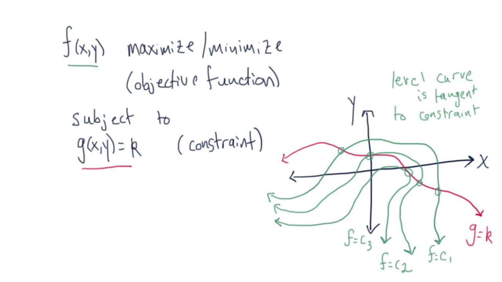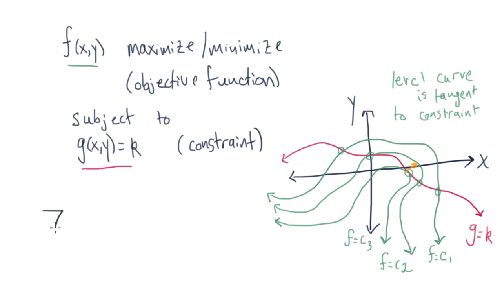And we actually have another way to write that. So if we look at the gradient vector of, first of all, the level curve and then second of all of the constraint, they're going to be pointing in the same direction. So where does this maximum or minimum occur for this objective function subject to this constraint? Well, it's going to occur exactly when the gradient vectors point in the same direction.